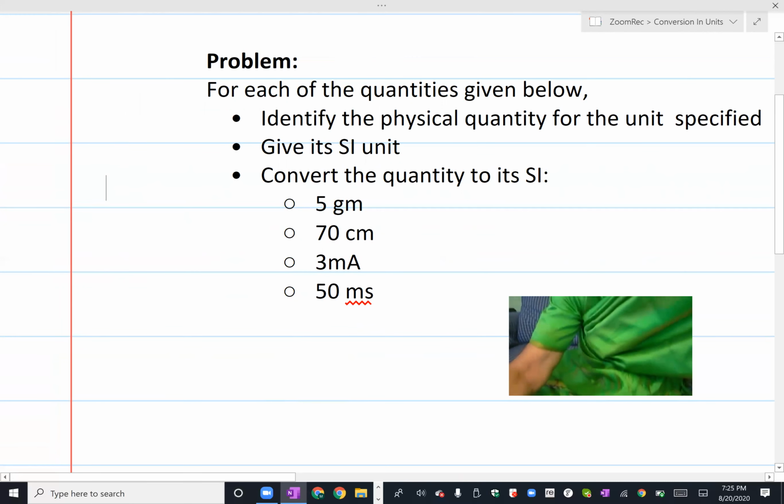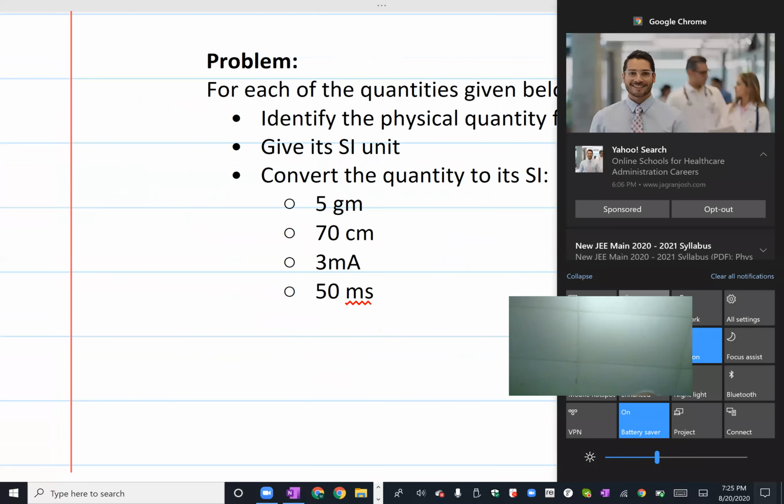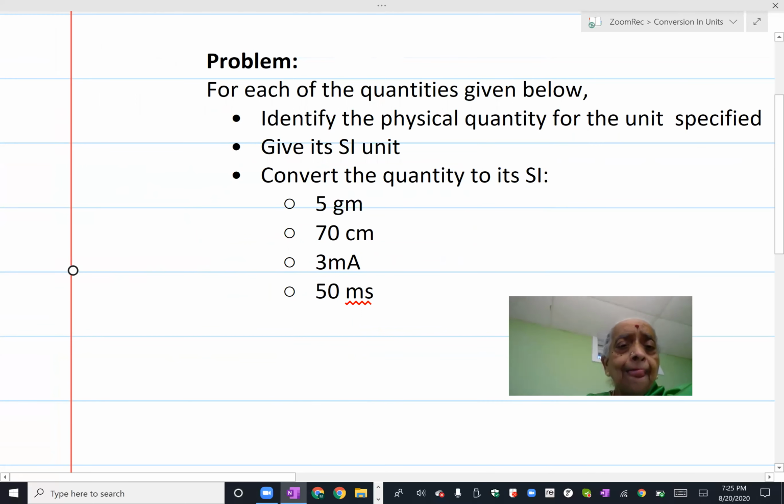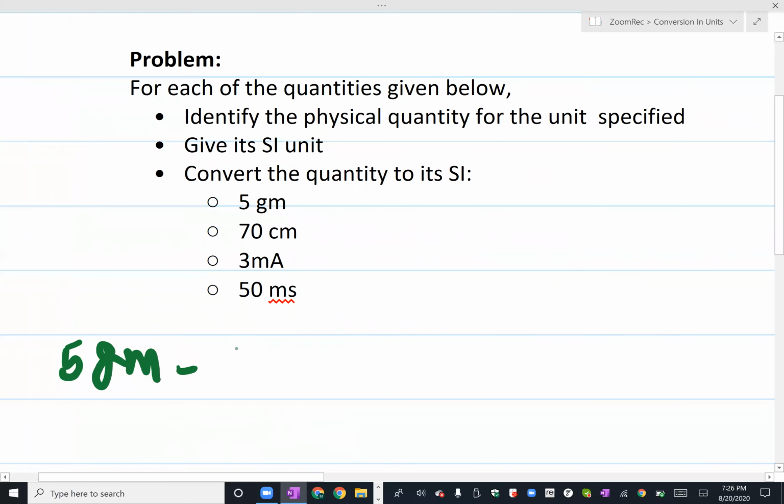I will just write down the equations here. So here, 5 gram is a unit of mass.